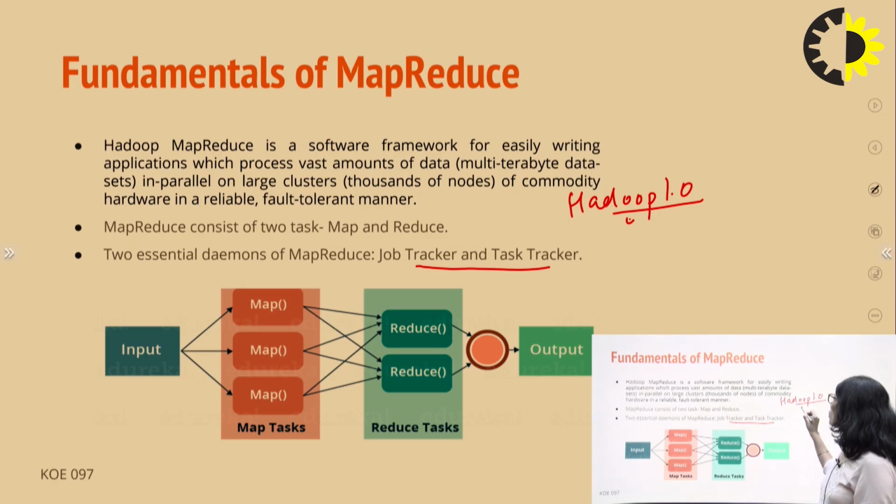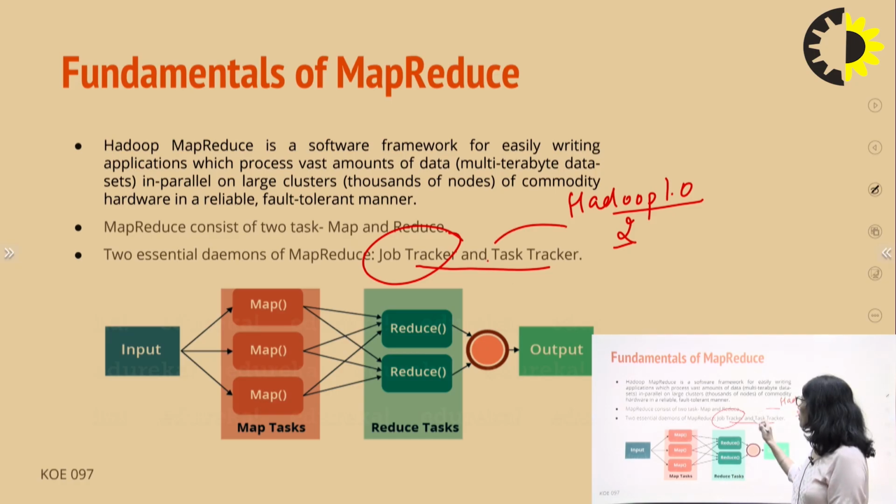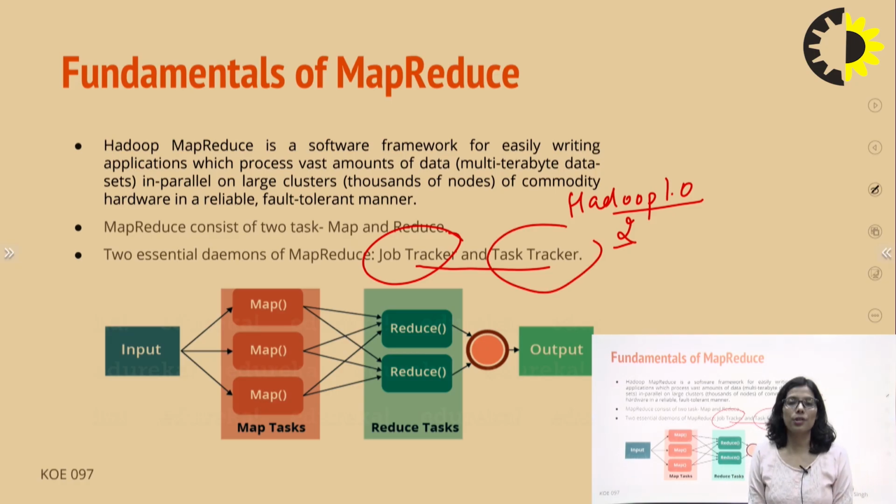After Hadoop 2, these tasks were done by YARN, that is, Yet Another Resource Negotiator, and the two components managing the tasks were the application manager and the node manager. The work of the job tracker was done by the application manager, and the work of the task tracker was done by the node manager. To lighten the MapReduce work, the YARN component was introduced.